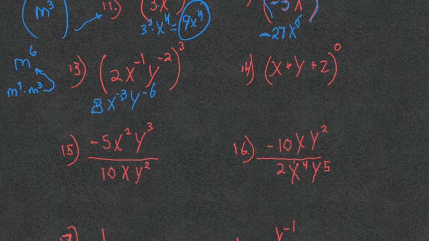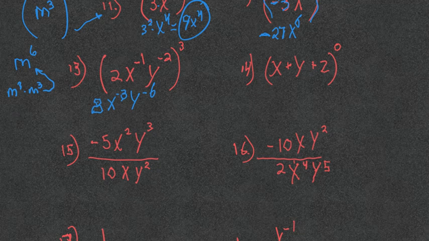Okay? And depending on directions, you might be told we don't want to leave negative exponents. I probably don't want you to leave negative exponents in the final answer. So what you need to know is when you have negative exponents up top and you can't have them, you're going to do this to change them.